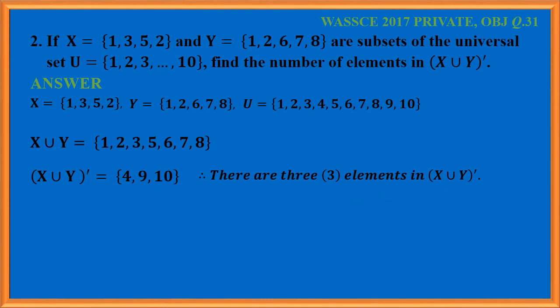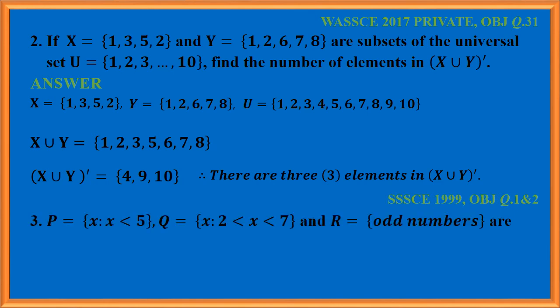Then looking at the next example, we have P equal to {x : x < 5}, Q is {x : 2 < x < 7}, and R is equal to all odd numbers.